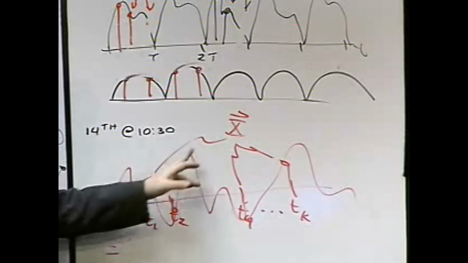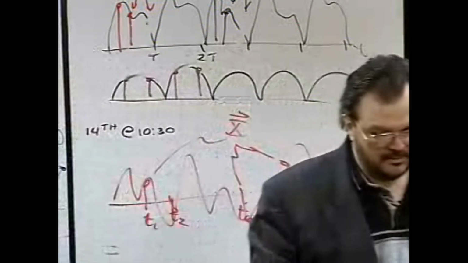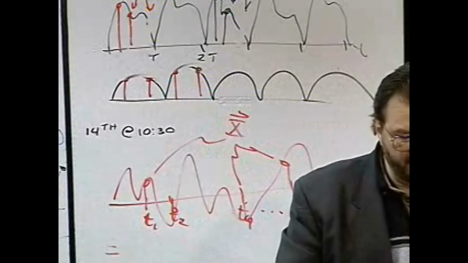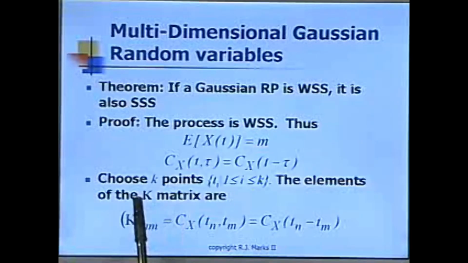Not only do they have to be Gaussian, but they have to have the same mean and the same variance, since it's stationary. So what we're going to do is we're going to choose these k points, and we're going to form the elements of the covariance matrix. Because in order to characterize this random vector, we have to be able to get our hands around the covariance matrix. The covariance matrix at the nmth element is equal to the autocovariance between 2 points at a time.